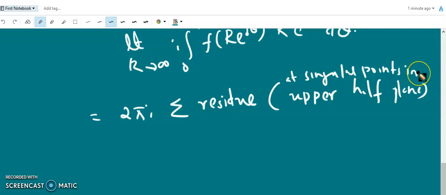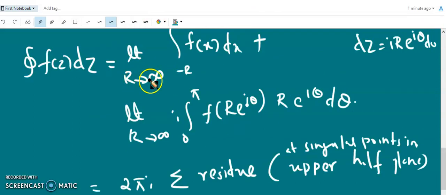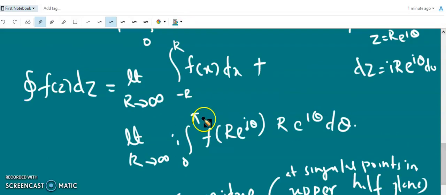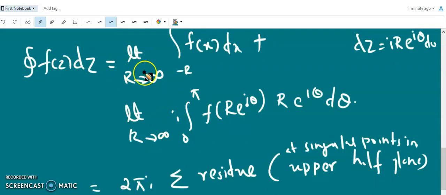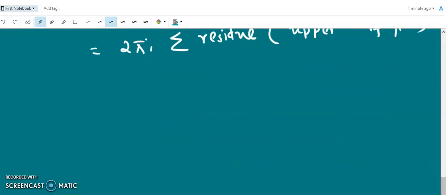Applying the limit, as r tends to infinity, the left-hand side of this equation can be written as the integral from minus infinity to plus infinity of f of x dx.